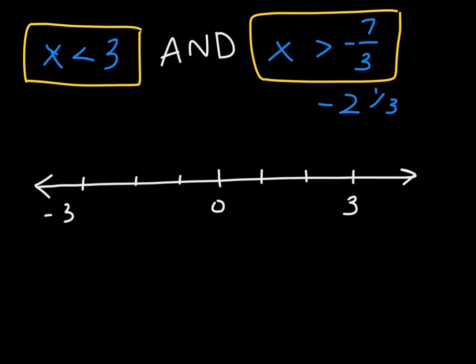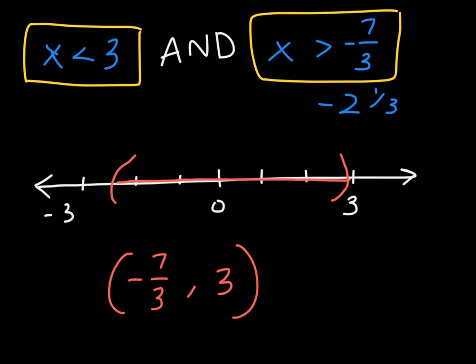So this is your final solution set. These are all of the numbers that are greater than negative 7/3 but also less than 3. Interval notation: read your graph left to right. You have a parenthesis at negative 7/3 all the way to a parenthesis at 3. This is interval notation. Man, that was fun, wasn't it?